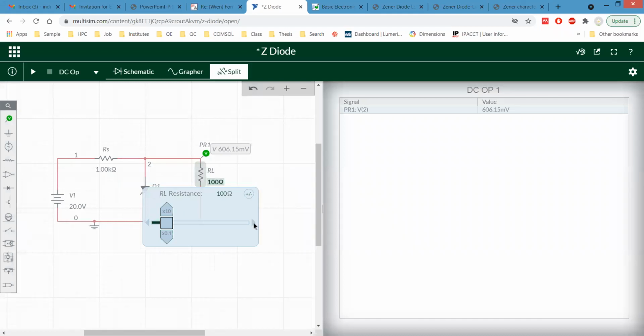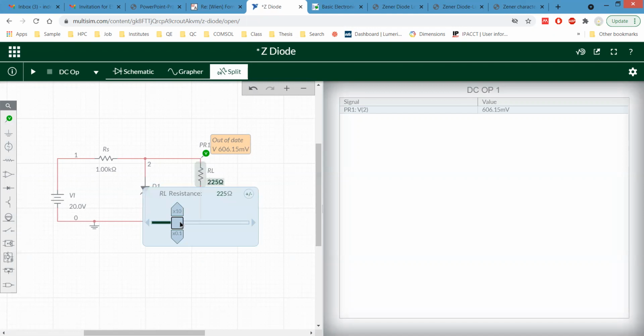Then let's change it to 200. Okay, you have calculated the value 330, right?